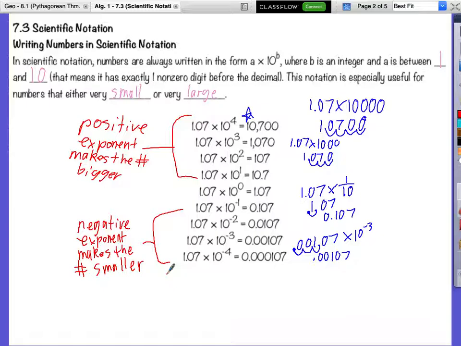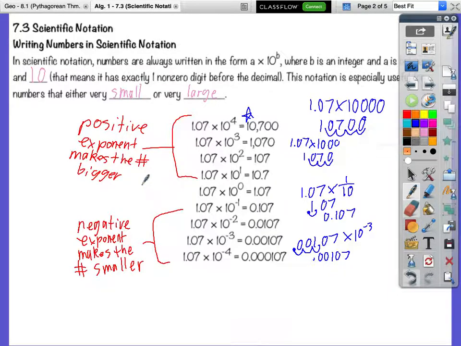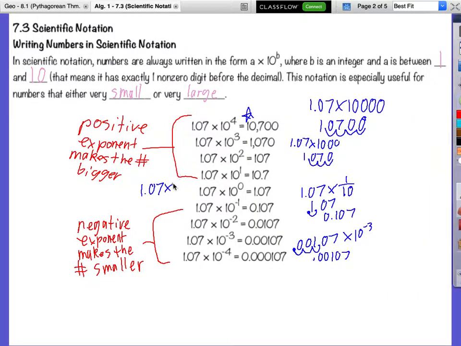What is 10 to the power of 0? Nothing. It is the same number. It's not nothing. Anything to the power of 0 is what, Krista? 1. Anything to the power of 0 is 1. So on this one, where's the power of 0? That means you're taking 1.07 times what number? 1.